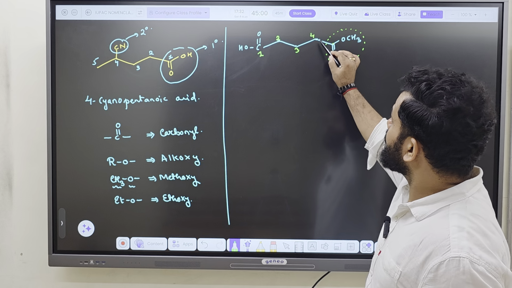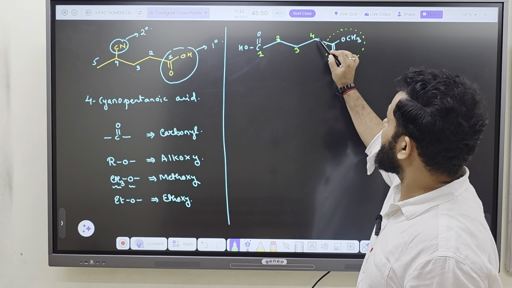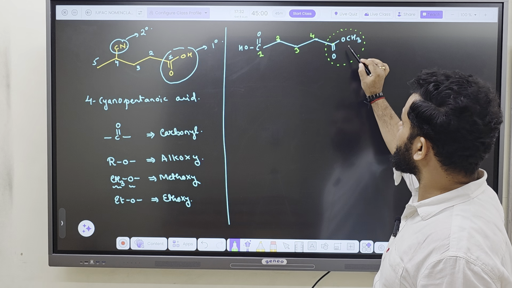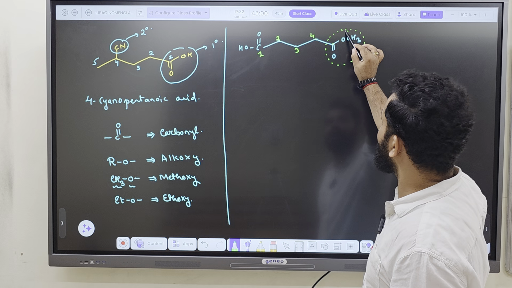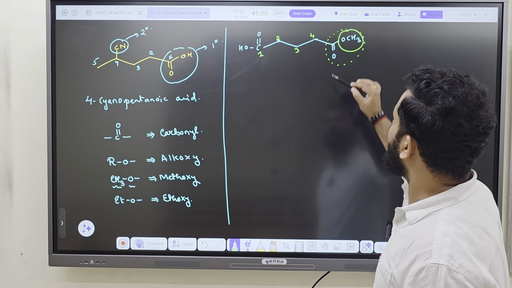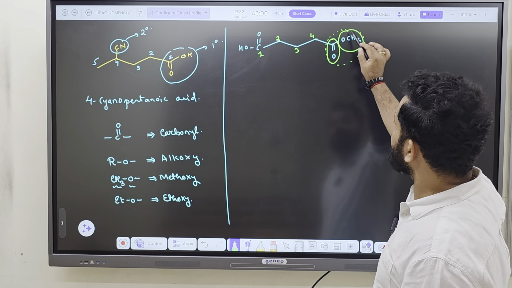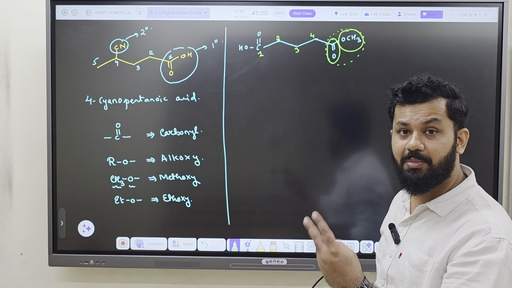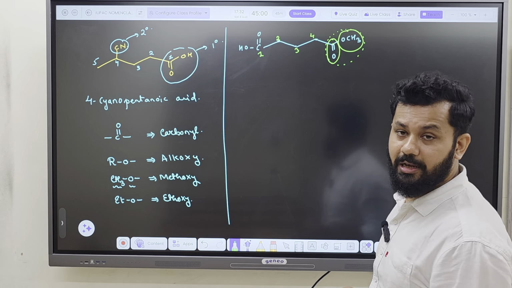Now see, to this PCC, C double bond O is connected. So at fourth position, whom do I have? Sir, I have two parts. Let us try to understand this. We have here CH3O, which is called methoxy, and we have the second part, which is carbonyl. So this entire ester substituent is made up of two things. One is methoxy, other is carbonyl.